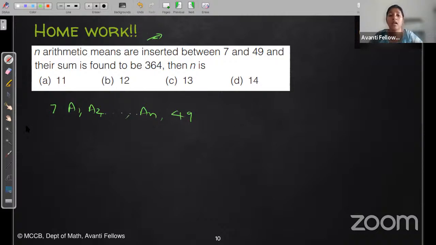And the sum of these n arithmetic means is 364. They're asking us to find the value of n. You can answer this question with the previous things that we have discussed. Please go through it once, try to solve it, and bring the answer in tomorrow's class.